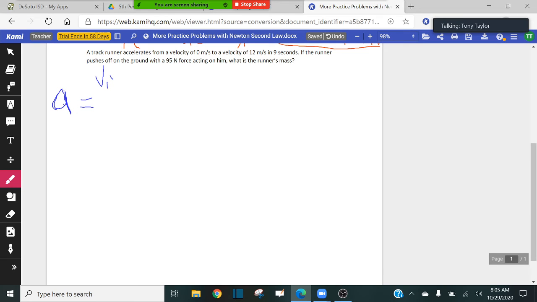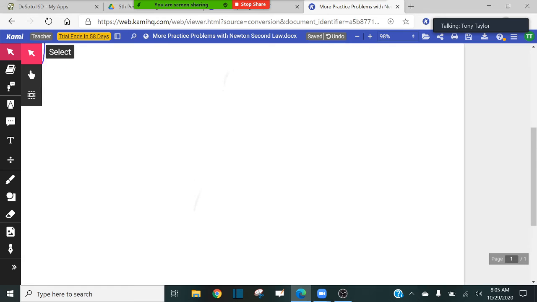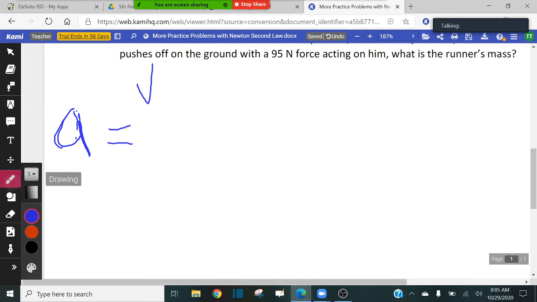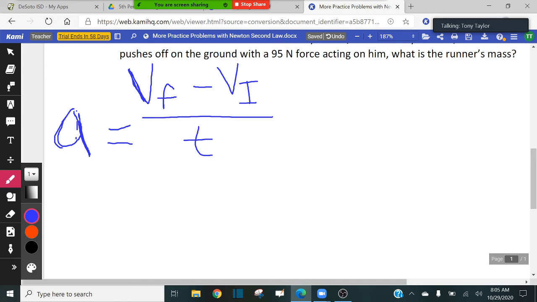Let me zoom in here so that I can write better. So acceleration is equal to final velocity minus initial velocity divided by time. Okay. So that's the first equation I'm going to need.